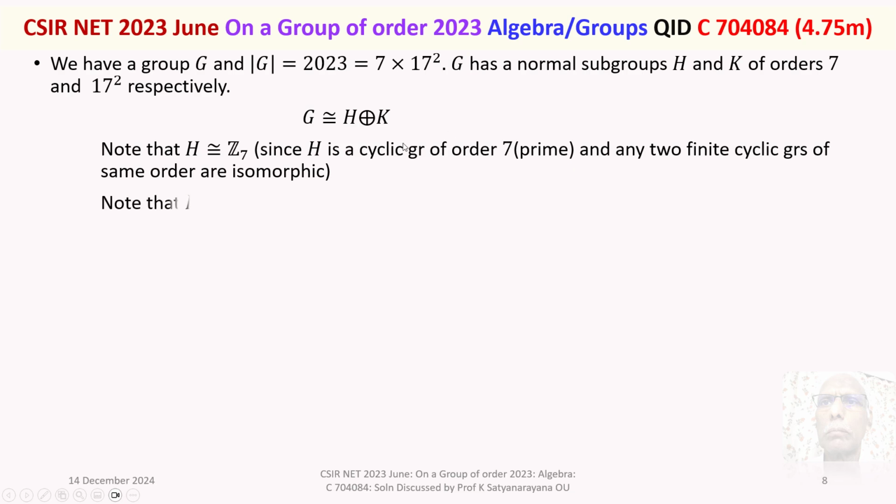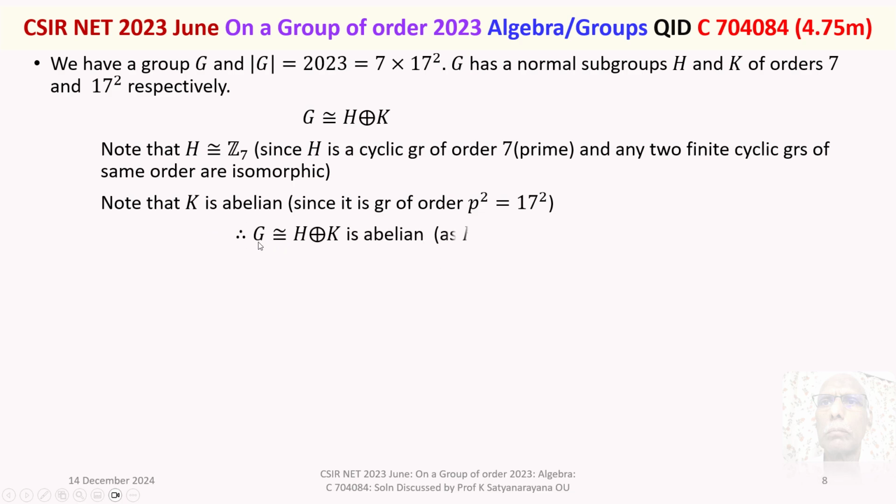What about K? Note that K is abelian. What is the order of K? 17 square. What is 17? It's a prime. That means it's a group of order p square, where p is 17. And we know every group of order p square, where p is prime, is abelian. Thus K is abelian.